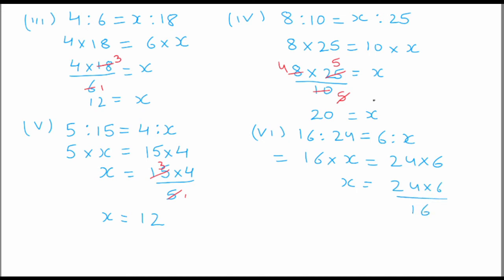Now what will we get by the cutting? 8 twos are 16, 8 threes are 24. Here 2 threes are 6. And x will be 3 multiplied with 3. That means x is equal to 9.